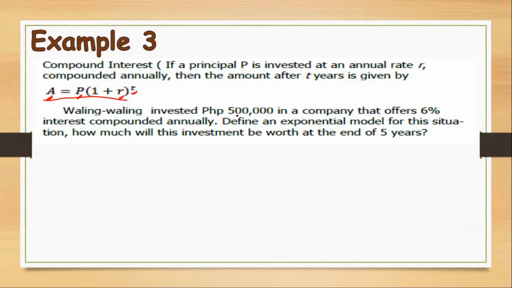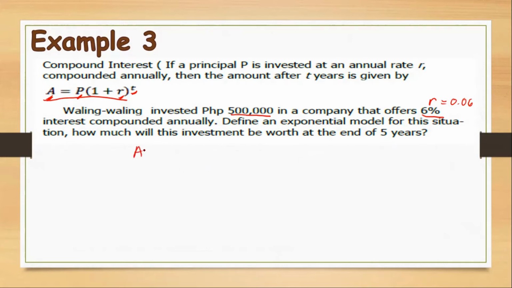So Waling Waling invested 500,000 in a company that offers 6% interest compounded annually. So this will be our R. 6% in decimal will be 0.06. Define an exponential model for this situation. How much will this investment be worth at the end of 5 years?